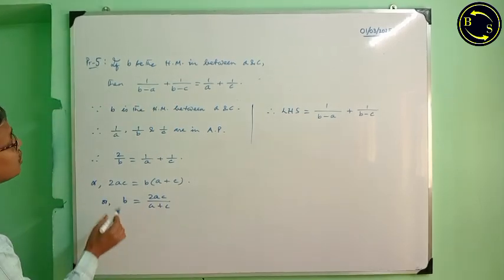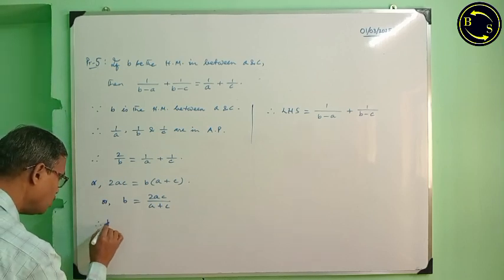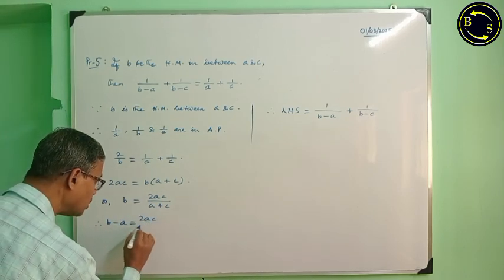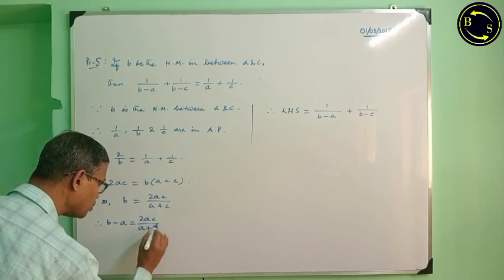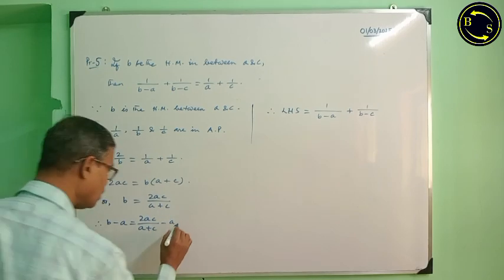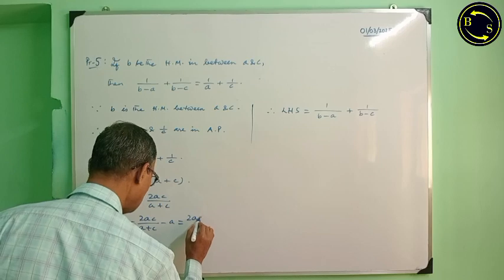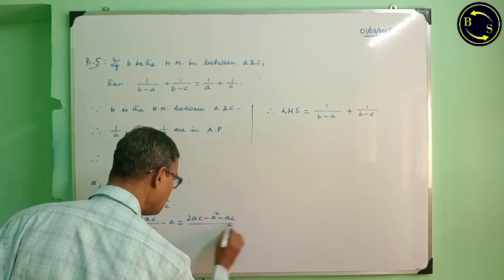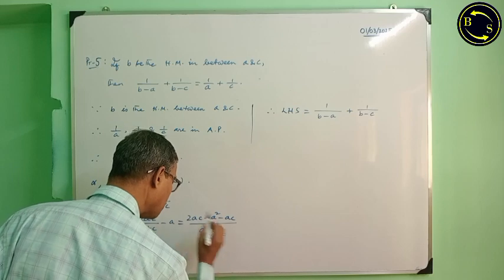Now B is equal to this, therefore B minus A will be equal to 2AC by (A plus C) minus A, 2AC minus A square minus AC by (A plus C).